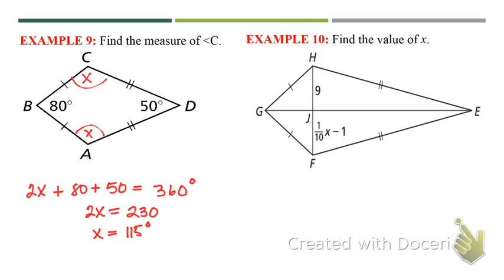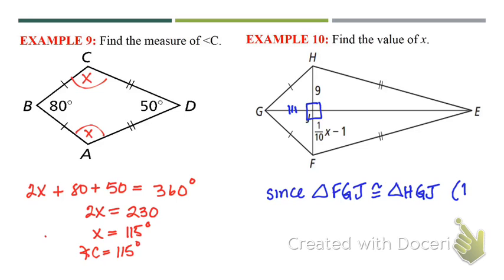Then we want to find X, and we know that GE is the perpendicular bisector of AF, so that means it bisects it. Since it bisects it, we know those are congruent, so those line segments equal each other. So we're going to add 1 to each side and multiply by 10.